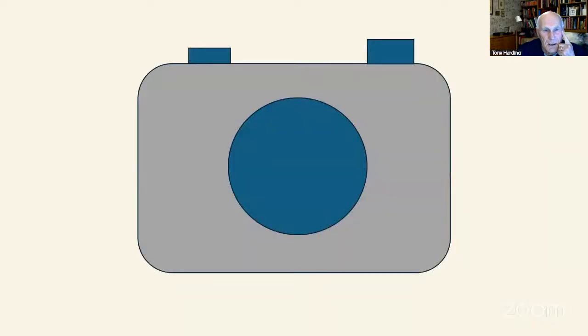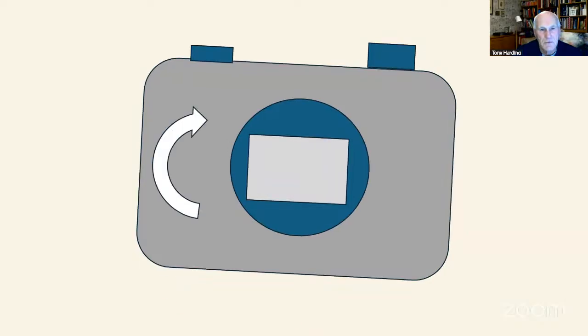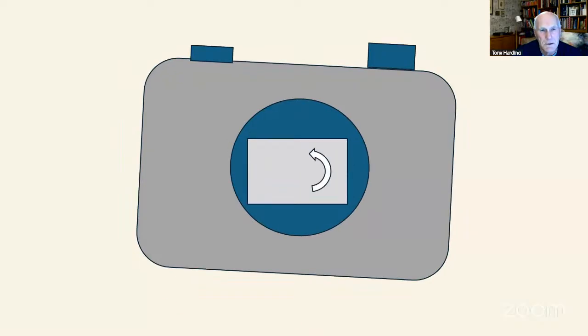But if we look at a camera there, we've got the camera body and the lens on the front, and we've got the sensor in behind there, or in the case of a film camera, the film. And what this image stabilization does is, quite simply, if the camera moves that way, the sensor moves that way to compensate. So, gross oversimplification, but it can be a very handy technique.